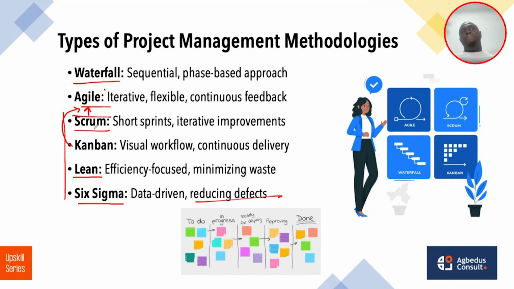I'll touch on Scrum. Scrum is a framework under Agile which runs the project in sprints. A sprint is a period where the engineers go ahead and run the project. Within a set period, say 2 weeks, they build the foundation of the house. Within 2 weeks, they meet again and say, we've been able to build the foundation.